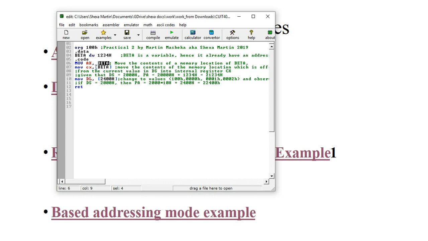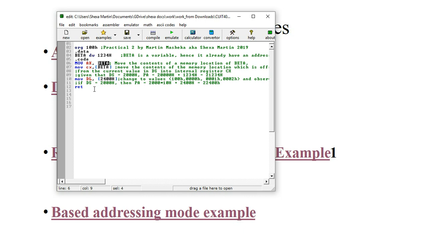Here it's just the same. Here we said move CX, move the contents of beta memory location into CX. So we are moving 1234 into CX. That's it.